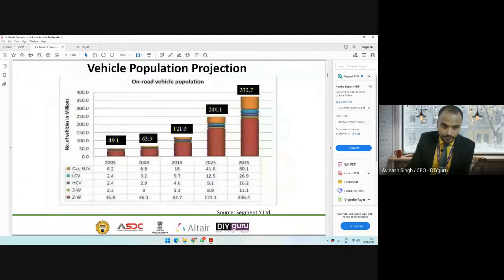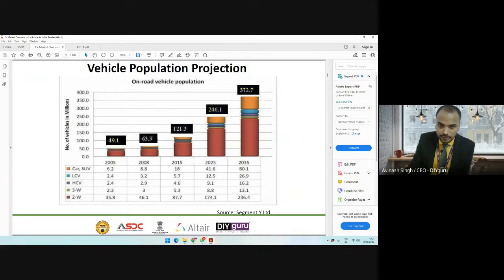If you project the number of vehicles which are on the road right now, and what the number will be by 2035, this number is going to increase.